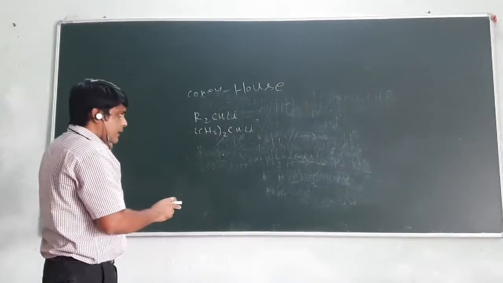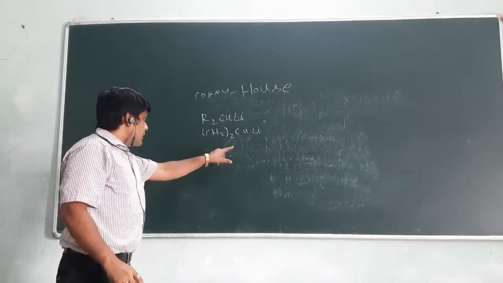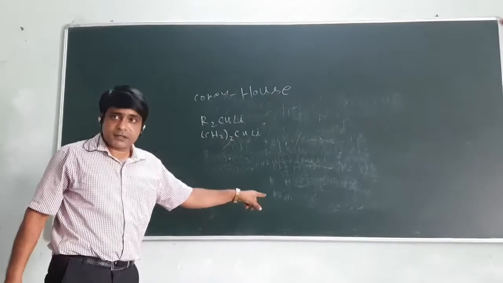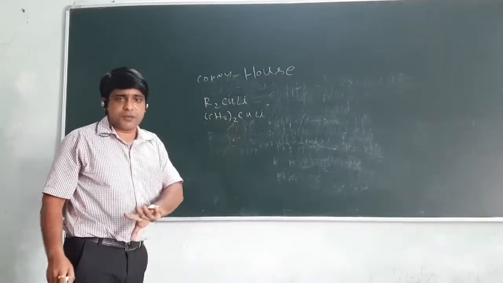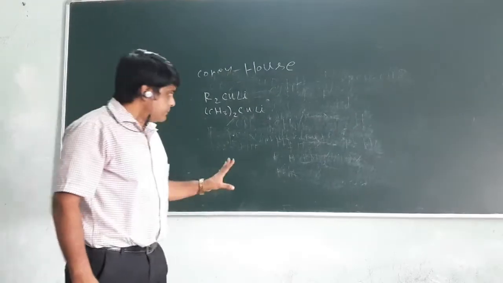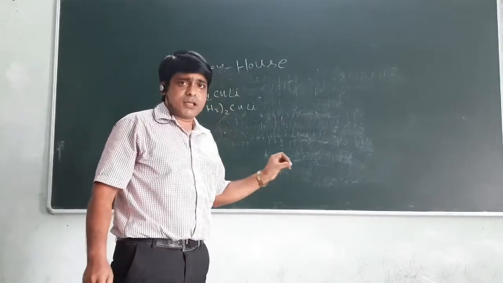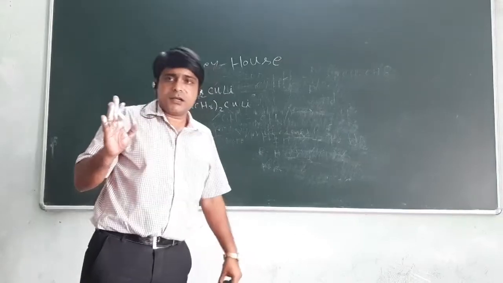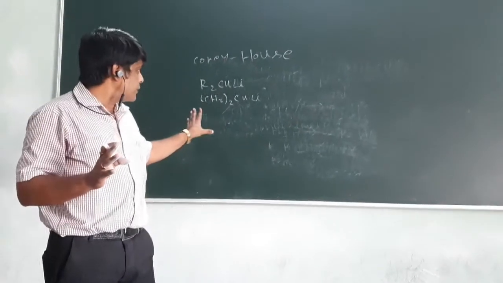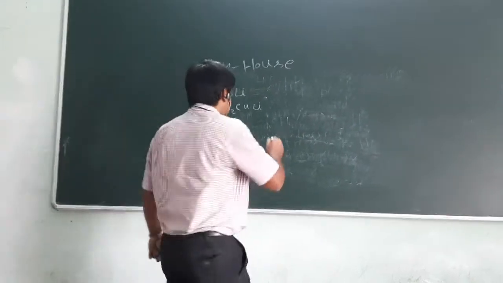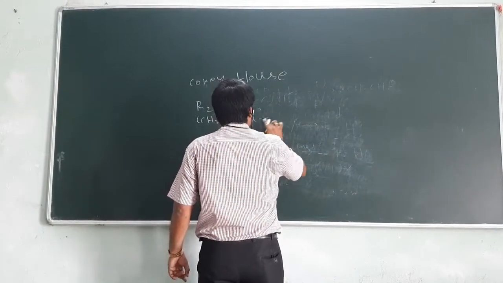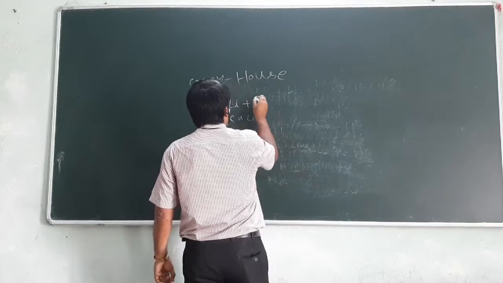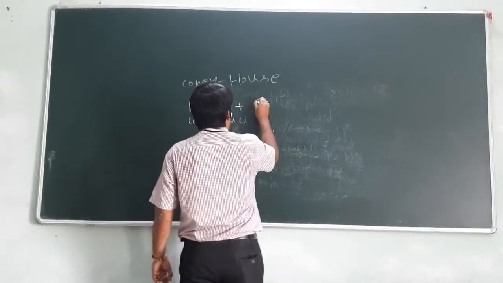What is the name of that? The name of it is lithium dialkyl cuprate. So any lithium dialkyl cuprate you can use for this reaction. And remember, this is the only reaction by which you can produce the unsymmetrical alkene. Sorry, I am writing here, then you can understand the R and R dash.